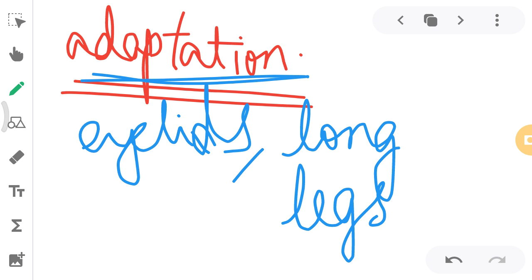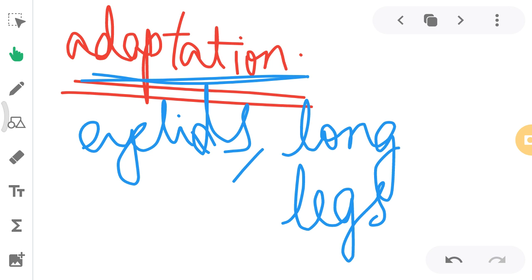The presence of specific features or certain habits which enable an organism to live naturally in a place is known as adaptation. So adaptation of organisms differ depending on their place of dwelling. That is the place where they live.